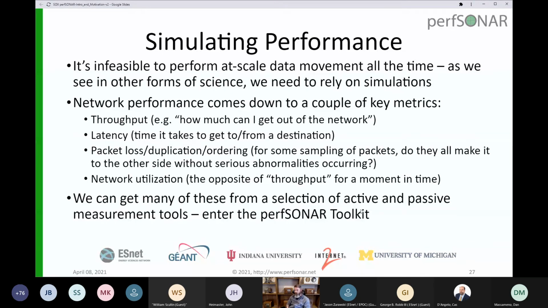You can't simulate transfer performance by saying, I know what my performance is from the core of my network to the edge, and then I know what it is from the edge to this first hop, and then I can get somebody else to do from the next hop to the next hop, and then finally from the next hop to the endpoint. Gluing all those pieces together will not actually tell you what an end-to-end transfer looks like.